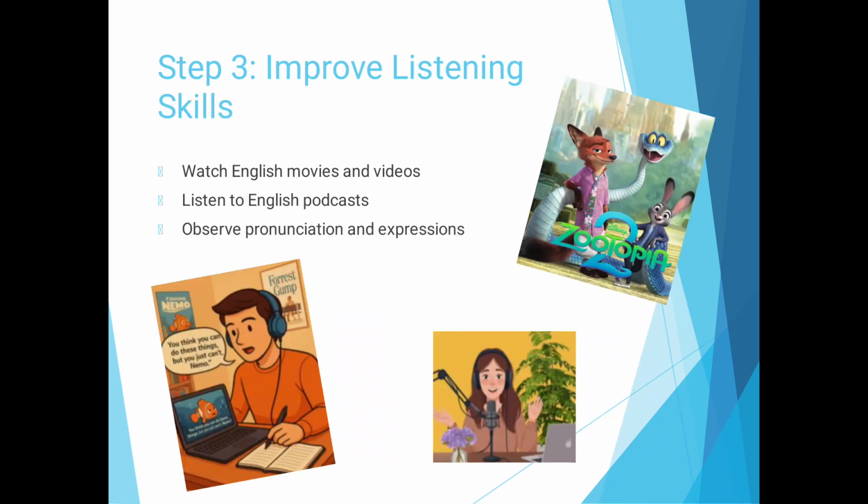The next step would be to improve listening skills. To improve fluency in any language, or to learn any language, we must listen to it. That's how we learned our mother tongue when we were children. We listened to the words, the sentences from elders and were able to speak in that language.